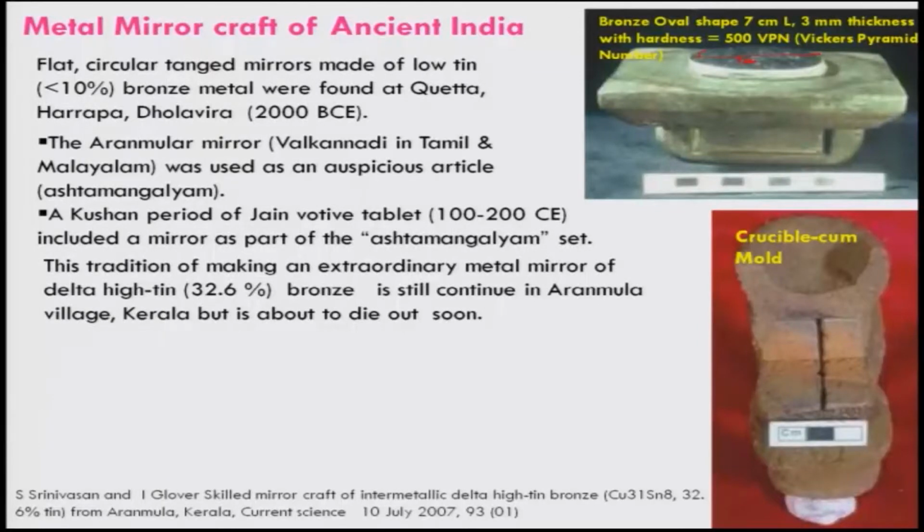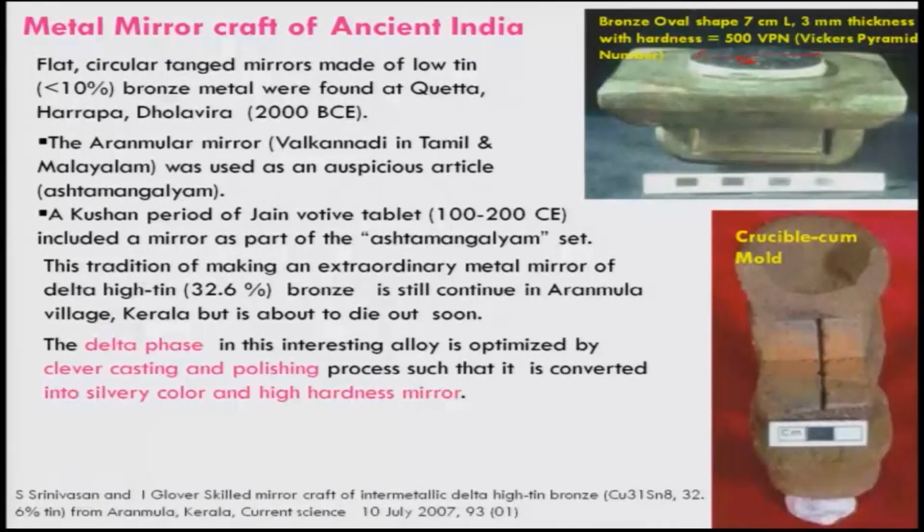And interestingly, the cooling is also done by clay cooling, which is a fast cooling. They have to invert it after casting, so that the temperature is maintained around 540 to 350, so that the delta phase of this interesting alloy will be maintained.